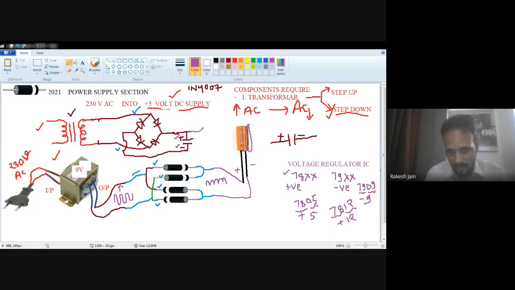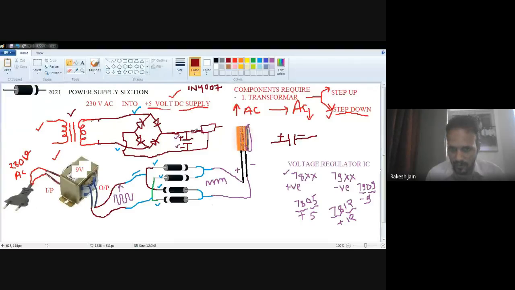I made a symbol over here. There are 3 terminals of this IC. The middle terminal is always the ground terminal, which we connect with the minus of the capacitor.